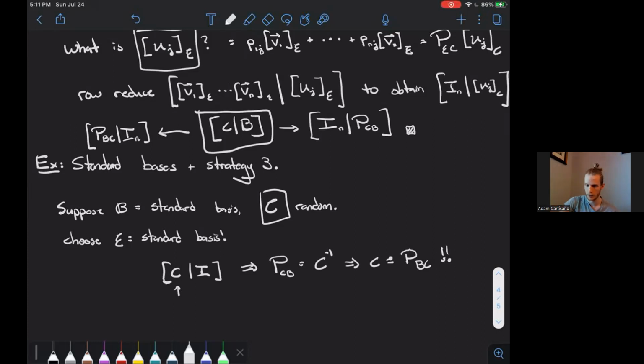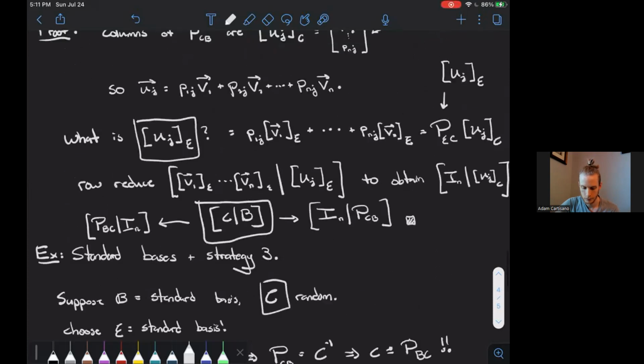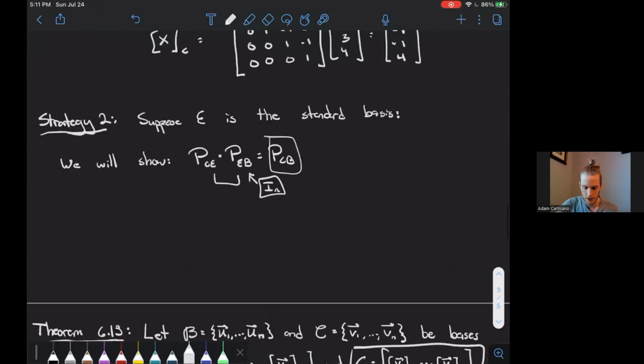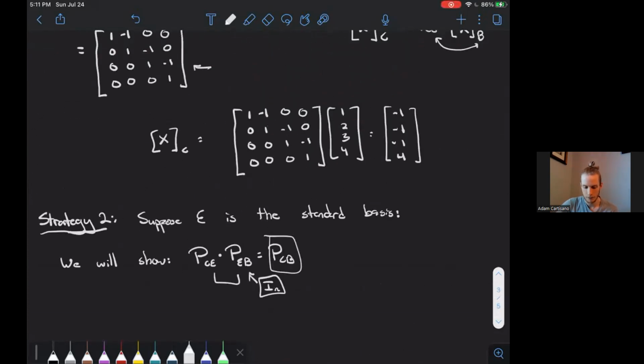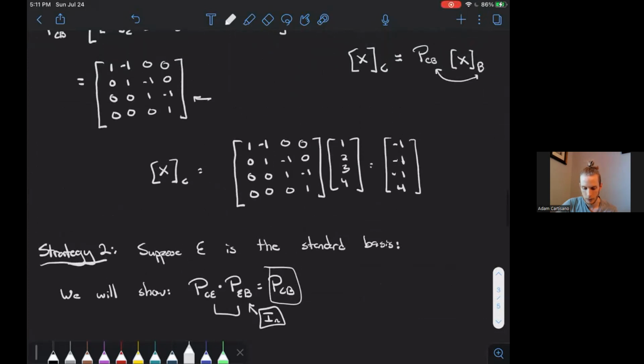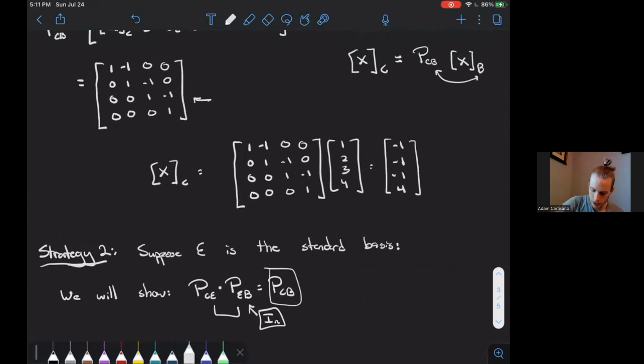Notice one case was one way and the other case was the other way. Very straightforward. But then also we can verify this last example by noticing that this matrix is PCB. How did we obtain this matrix?